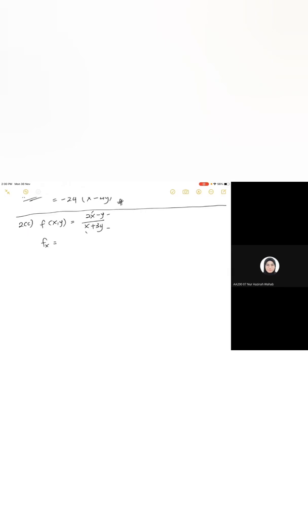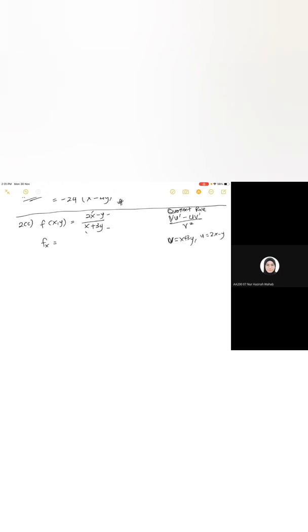Okay, so how do you solve for quotient rule? It's v u prime minus u v prime over v squared. That's why later in your answer you have the square, right? Okay, because you use this quotient rule. Okay, let's say our v is, of course, x plus 3y and our u is 2x minus y.